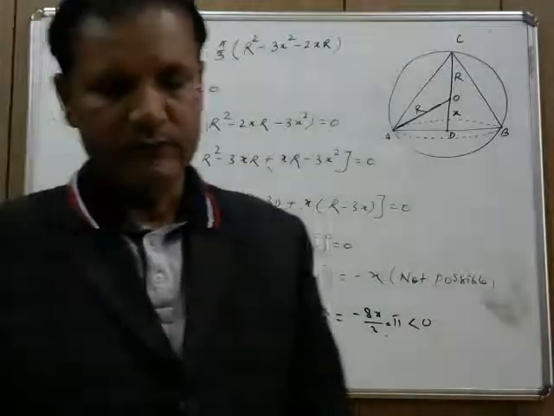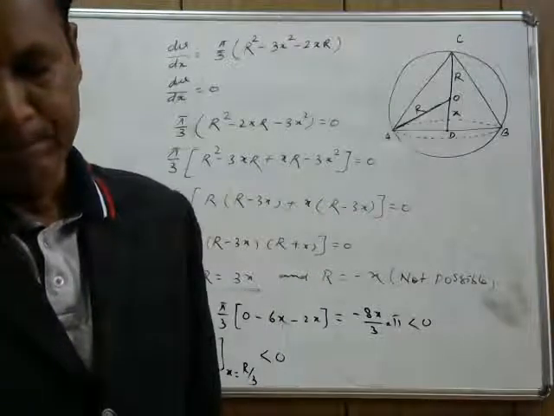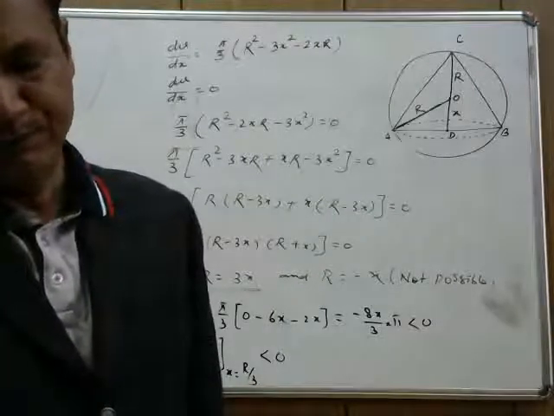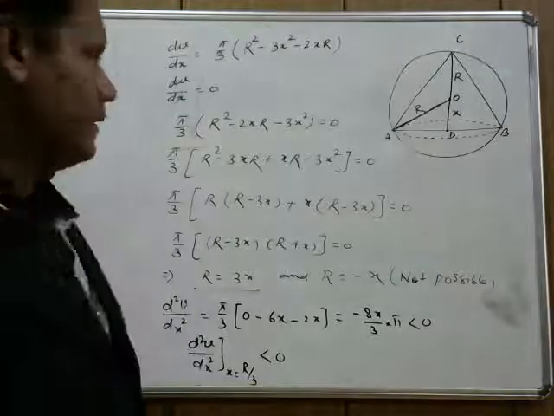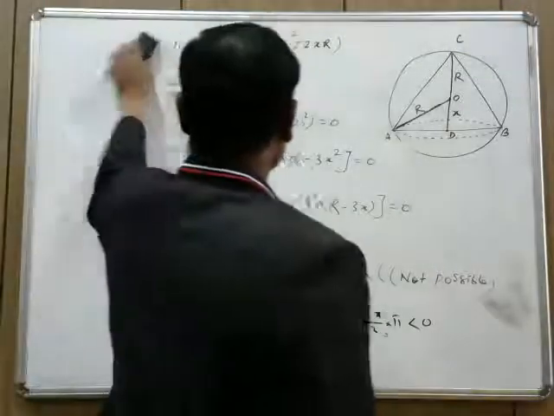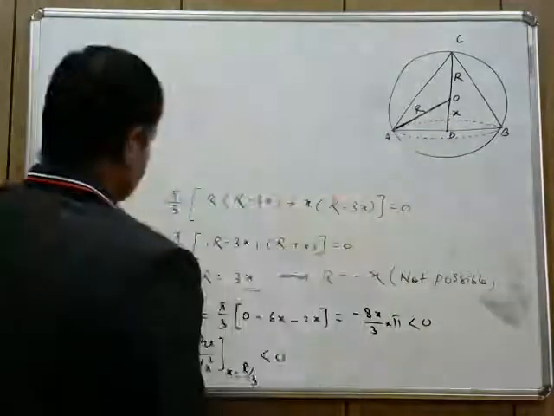This part also we have done. Now what I have to prove is that the volume is 8 by 27th of the volume of a sphere, this lastly I have to put, the last part.